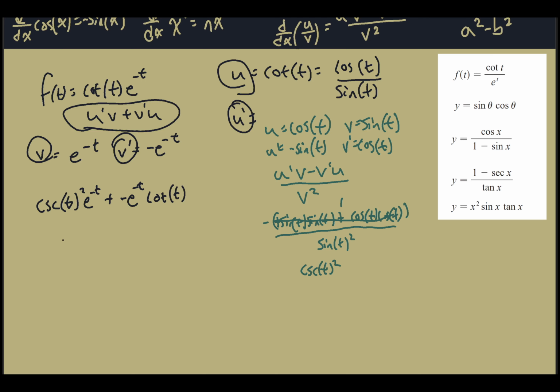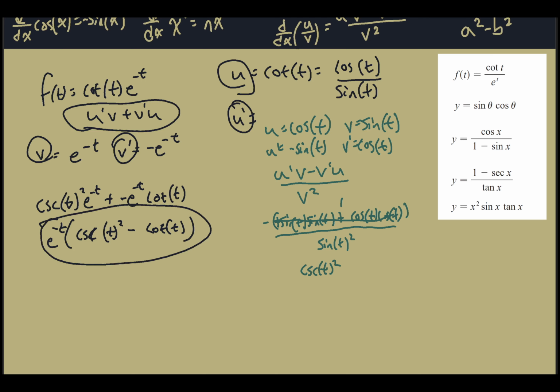Let's take an e to the negative t out. Actually, this might just be the easiest way to do it. We'll just call it e to the negative t times cosecant of t squared, minus cotangent of t. And let's hope and pray, but I do believe that this is the answer to that question. So this is how you mix in the quotient and product rule into bigger trig rules.